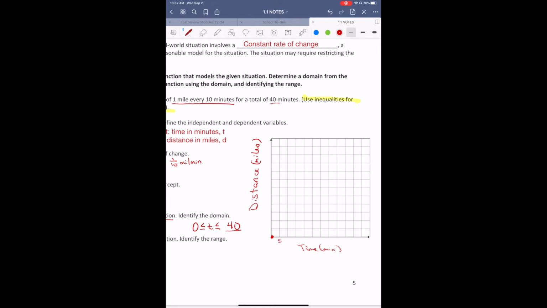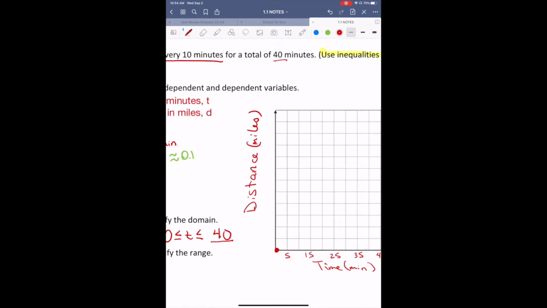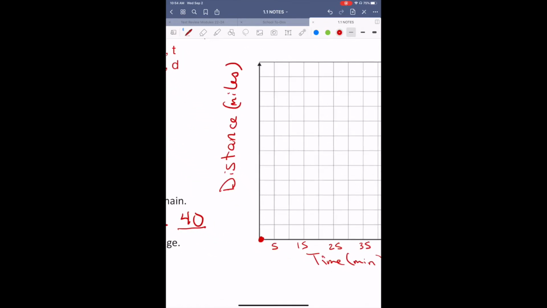So she runs 5 minutes, 10 minutes, 15 minutes, 20, 25, 30, 35, 40, 45 minutes. And I'm only going up to 40 so I can stop there, okay? All right, now our y-axis, distance in miles, let's go by half a mile. So 0.5, 1, 1.5, 2, 2.5, 3, 3.5, 4, 4.5, 5. And I'm going to stop there.